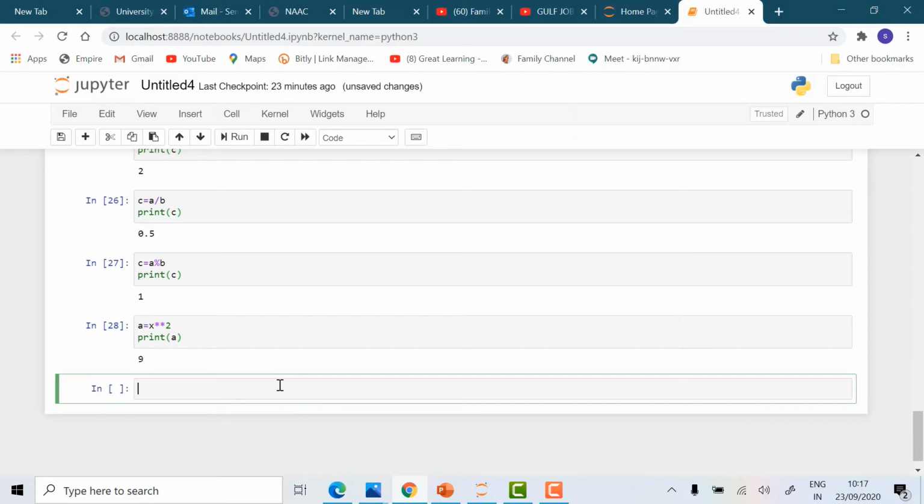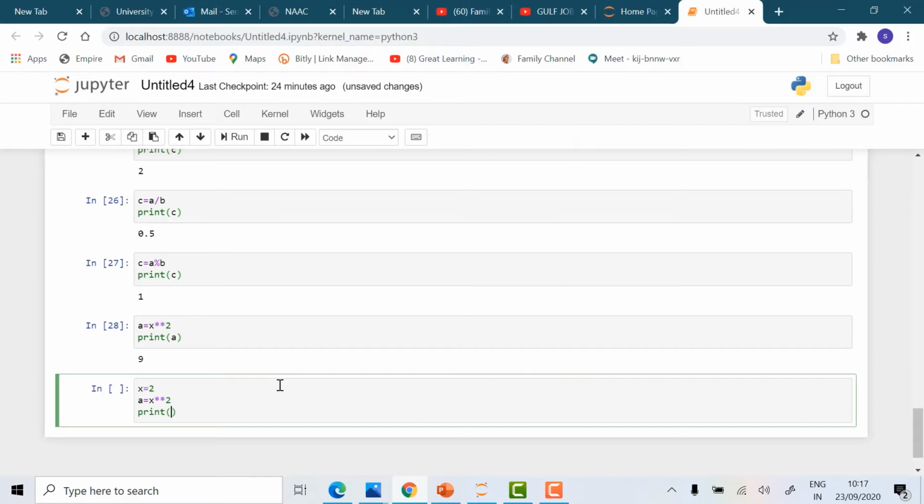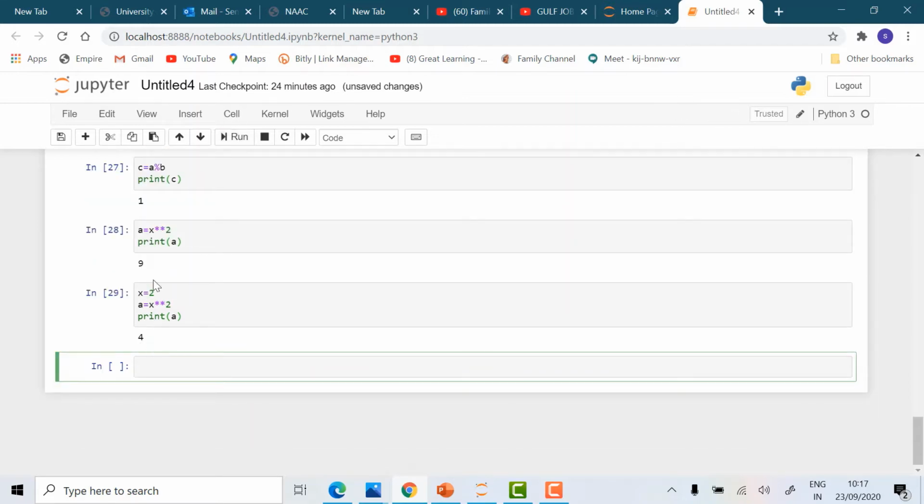Anyway, I'll do that again. I'm going to put x is equal to 2. So x square should be 4. A equal to x star star 2, print of A, and I get 4. So instead of using square or power, you can use the exponential term star star.